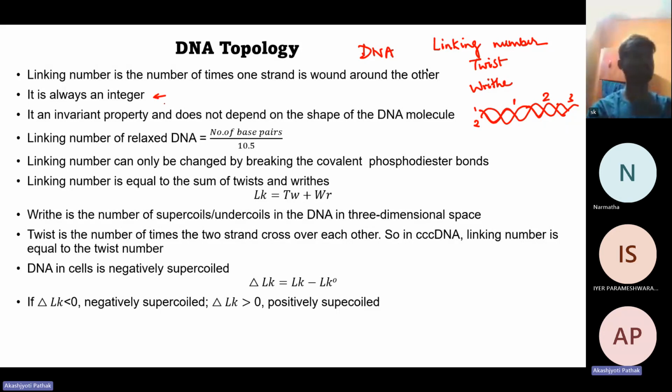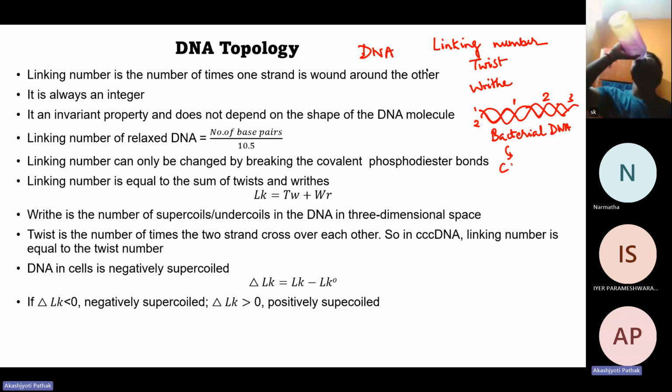It will always be in whole numbers like 3, 5, 10. So it is an invariant property and does not depend on the shape of the molecule. Why? If we see bacterial DNA, it is a covalently closed circular DNA, CCC DNA, right?